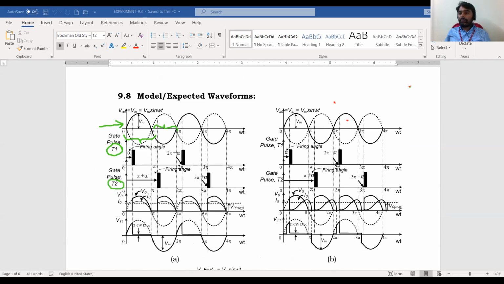So T1 can be triggered at any point from omega t equals 0 to omega t equals pi. Similarly, T2 can be triggered from pi to 2 pi because it is in forward bias condition. Now let us say I trigger T1 at this particular point, so T1 will conduct and D2 will come into the picture, and they both provide the positive voltage across the load, you can see.